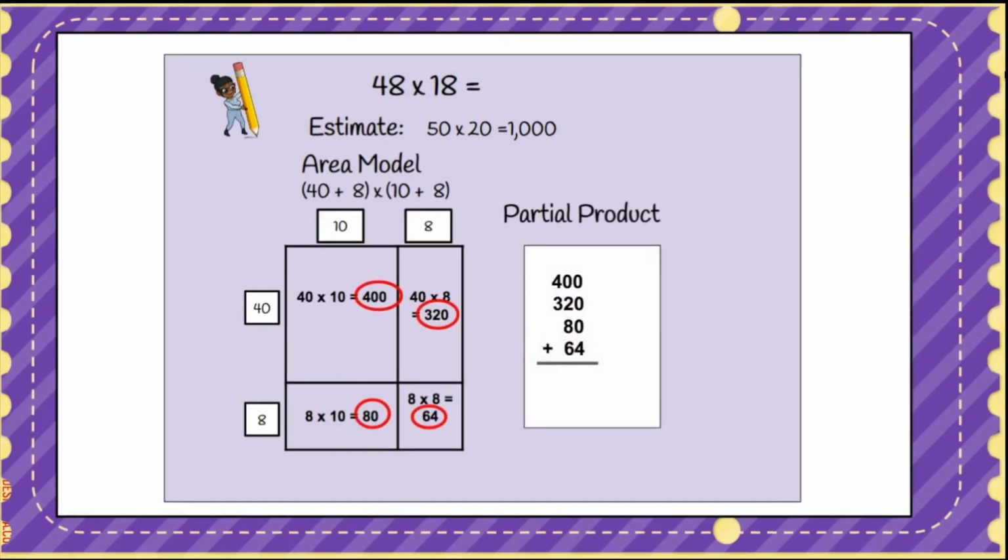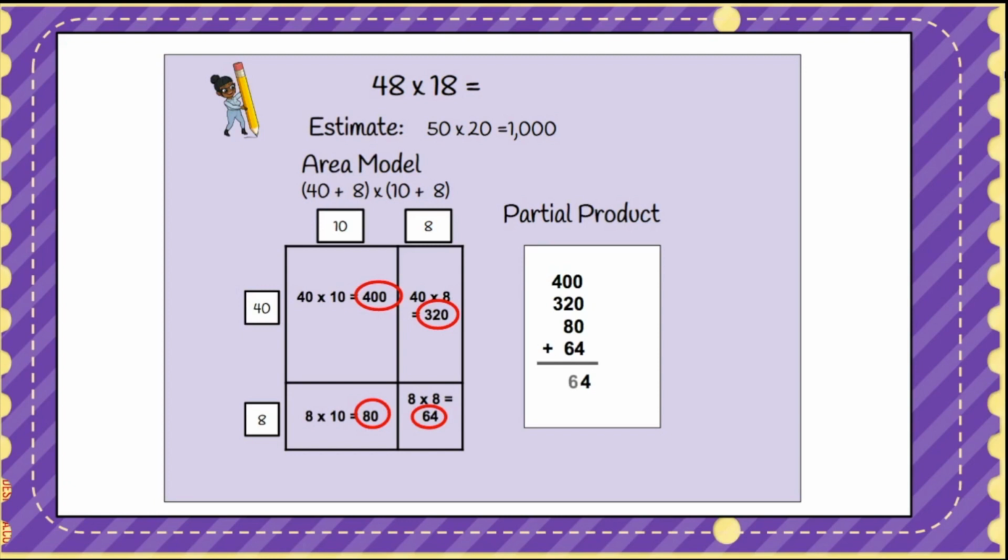Now that we have all the partial products, let's add them together. In the ones place, we have 0 plus 0 plus 0 plus 4, which gives us 4. In the tens place, we have 0 plus 2 plus 8, which gives us 10, plus 6 gives us 16 tens.